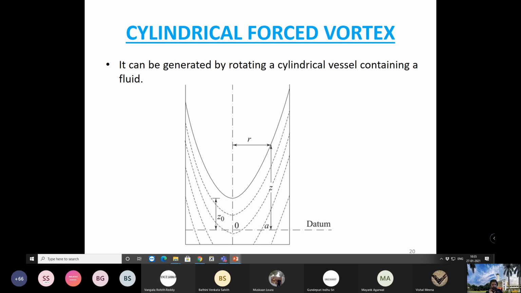So if you keep on rotating the fluid, a vortex will be generated, and the liquid will bend like this with a radius r, and the datum, this is z naught from here. This is the datum that we've assumed, and this is z, any z.